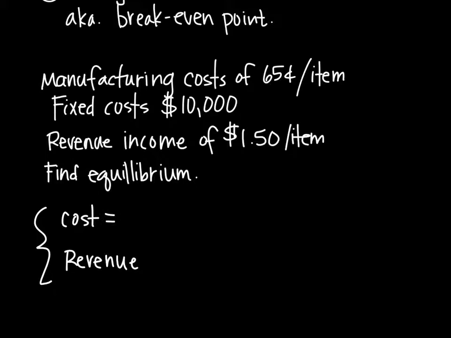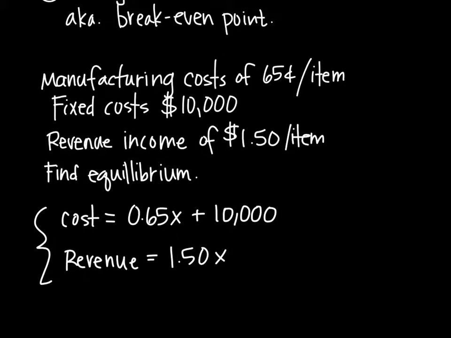A system has to be two equations, so you need a separate equation, one for the cost and one for the revenue. The manufacturing cost is 65 cents per item, so you write that 0.65, but then you need an x on it. Why? Because per item, it's not just 65 cents and you're done. It's 65 cents for every item that you make, and so you have to have multiplication involved. Plus the $10,000 that you had as your fixed cost. The revenue is 1.50x.